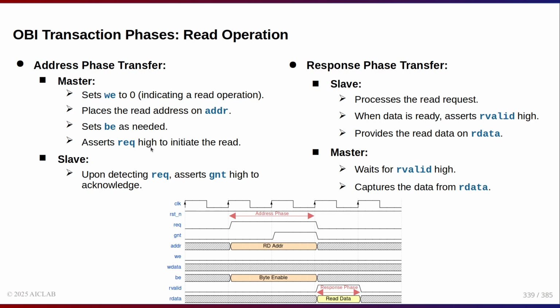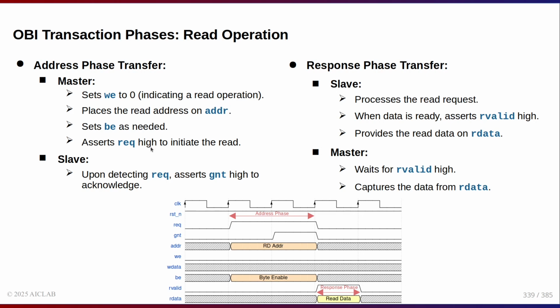When the slave is ready, it asserts grant high to acknowledge the request. Once the master sees the grant signal, it knows the request was accepted. At this point, it can either start a new transaction or end the communication by deasserting the request. Second, the response phase.